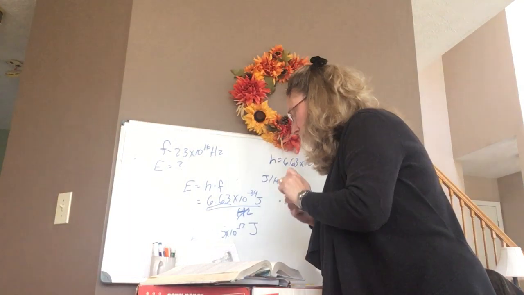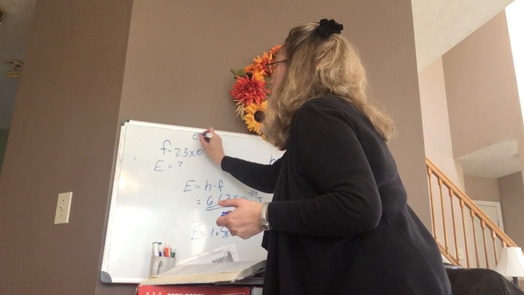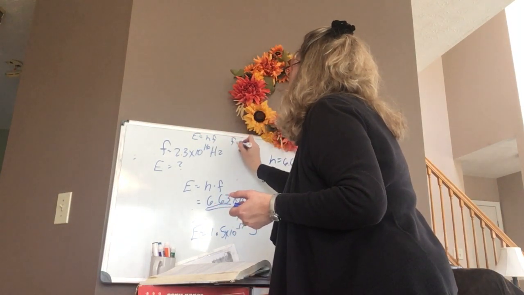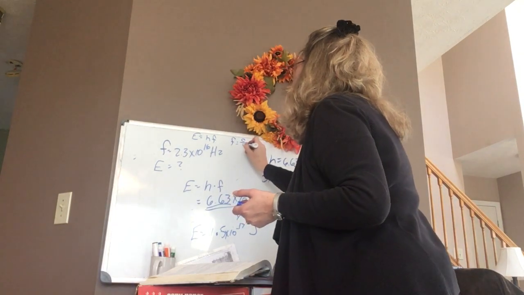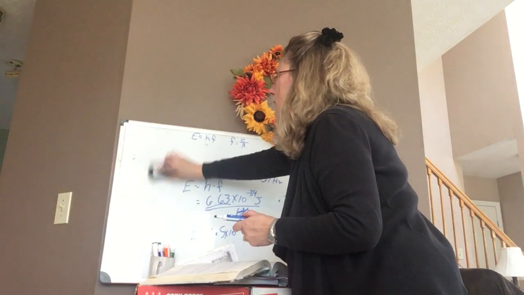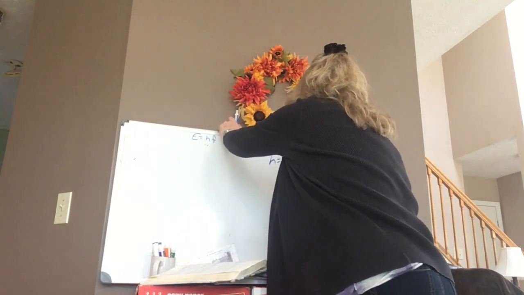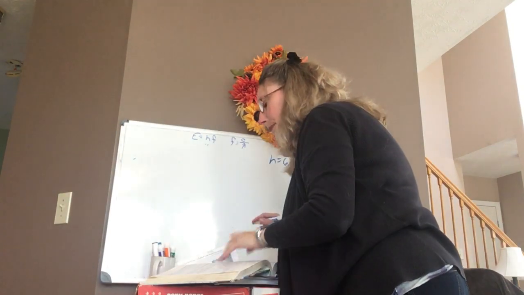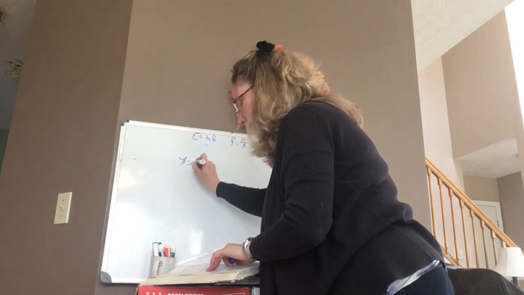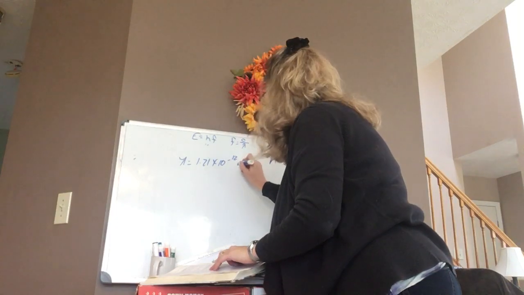Now they're going to marry the two formulas together. So again, here's our formula. Energy equals Planck's constant times frequency, and frequency equals speed of light over wavelength. I'm going to marry them together. A light has a wavelength of 1.21 times 10 to the negative 12th meters.